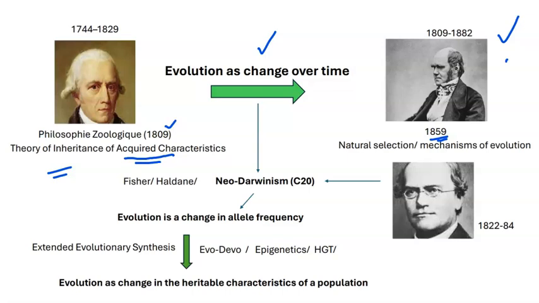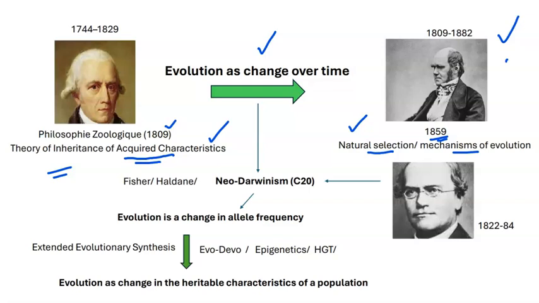The theory of evolution by natural selection, or the origin of species by natural selection, proposed a mechanism for evolution, which was natural selection. And so we have this update and modification by Darwin to suggest that the characteristics which are passed on from one generation to the next are not acquired characteristics, but something possessed by the organism.